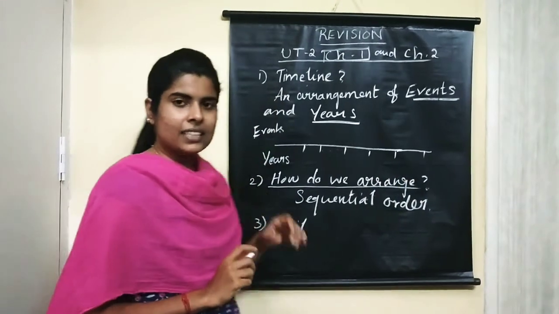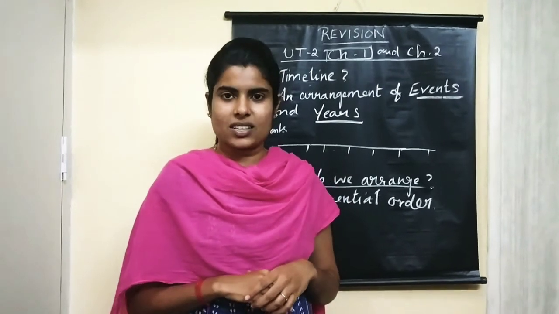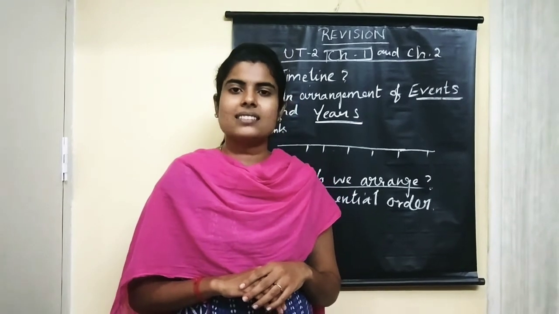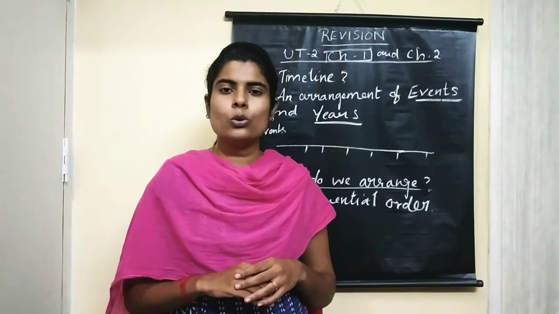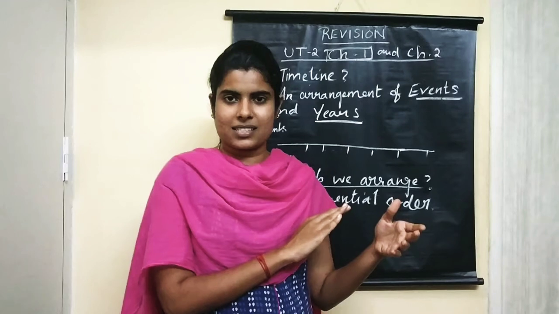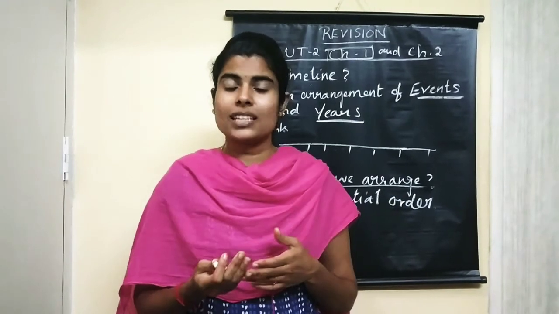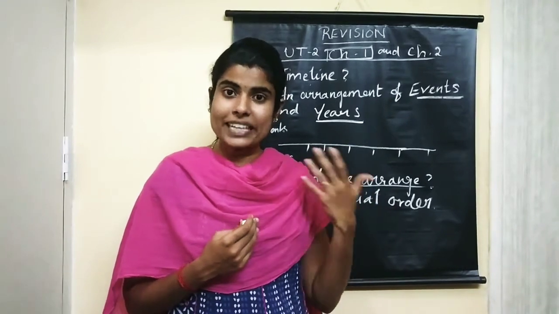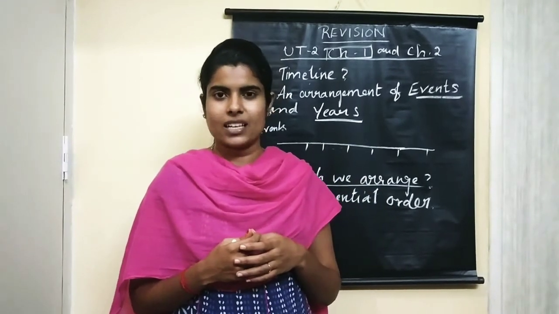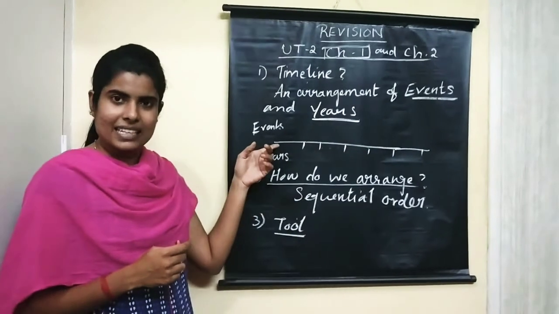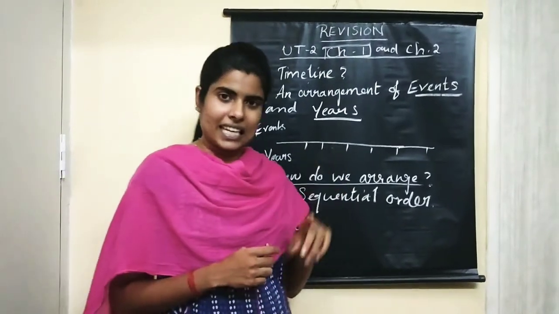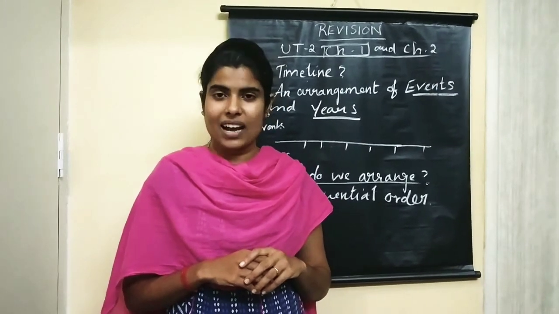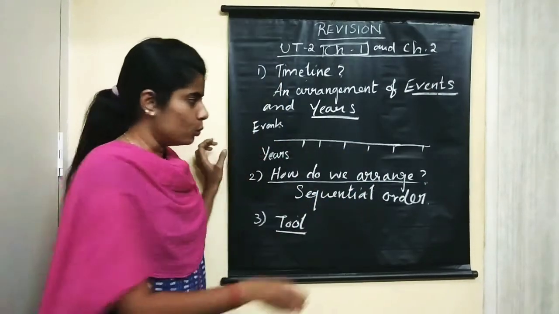So we are taking the birth of Jesus Christ as the reference to divide the past. Okay children? We know that the past is full of so many events. There are so many activities that would have happened. So we can't write it in one single line, right? So we are taking the birth of Jesus Christ as the reference and we are dividing the timeline into 2.